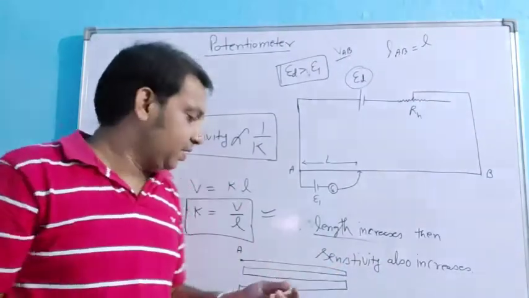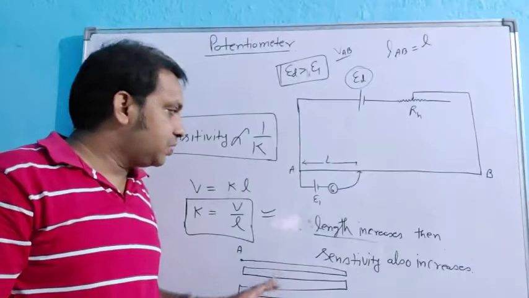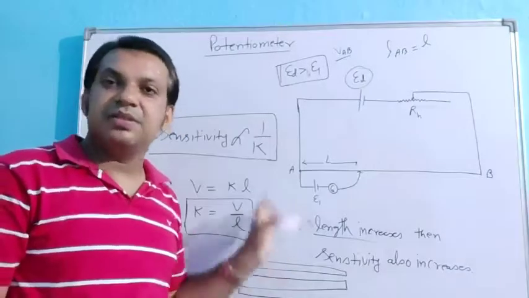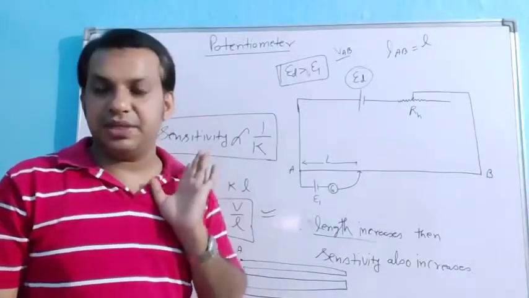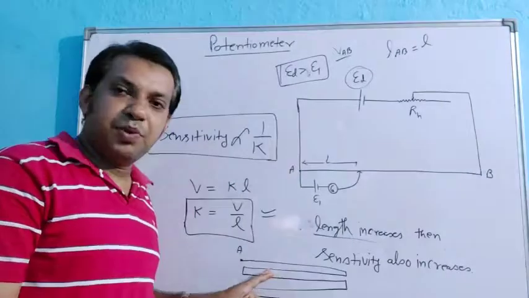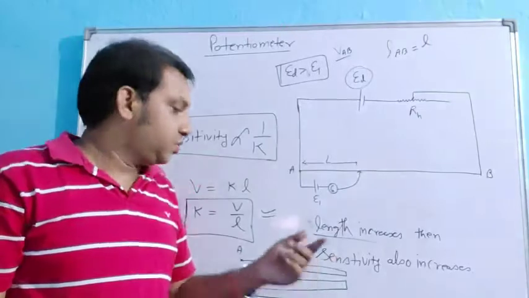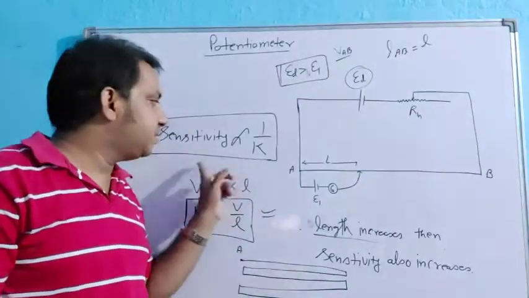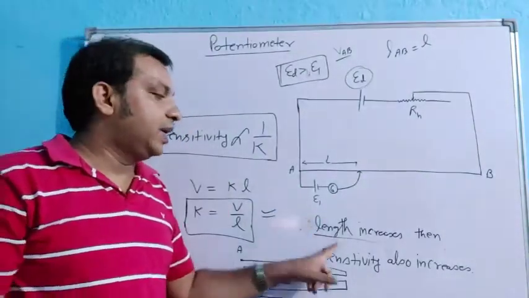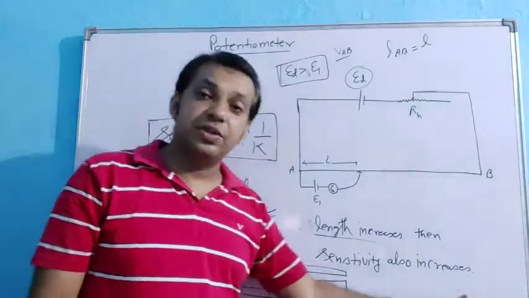Why no? Because in the meter bridge the wire used is 1 meter length, 100 centimeter, while in the potentiometer we are using 10 meter length. With the help of this relation, sensitivity and length, if length increases then sensitivity also increases.